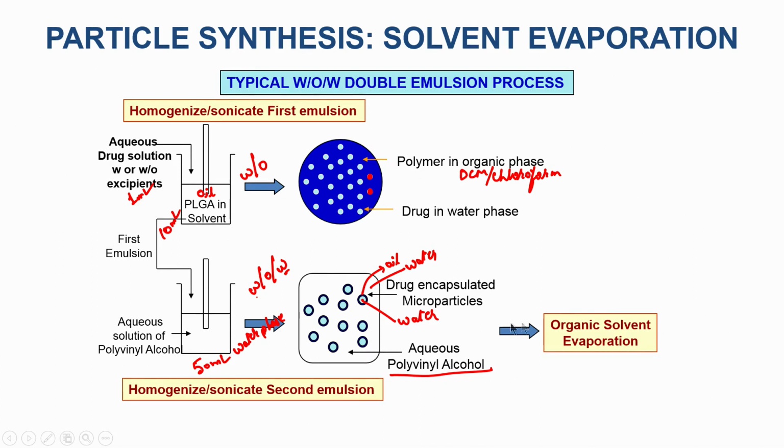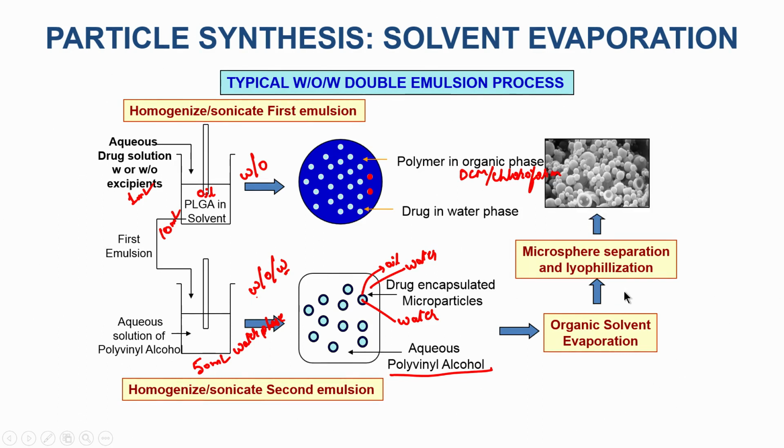Then all you have to do is let this oil phase evaporate. DCM or chloroform are both very volatile and will evaporate fairly quickly. Then you will get microspheres, which you can pellet by centrifugation and then lyophilize to dry them off, and that is how they will typically look. If you notice here, there is a shell. In this SEM image, one or two of the particles have broken open.